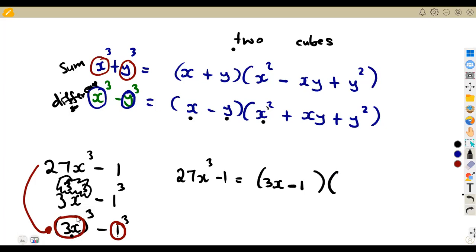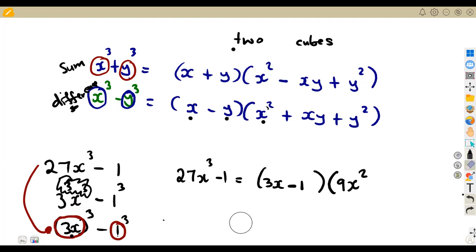The first, which is 3x, squared. So it's supposed to be 3x squared, which means 3 squared, x squared. Everything will be affected by this exponent of 2. 3 squared is going to be 9, and x is raised to the exponent of 2, so it will be 9x squared for the first squared.